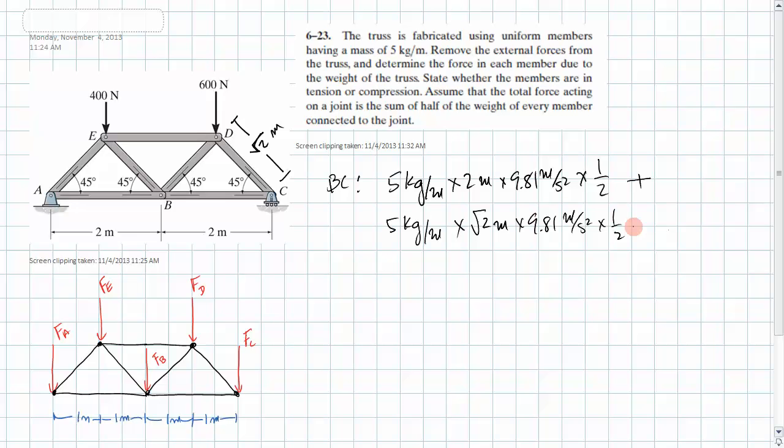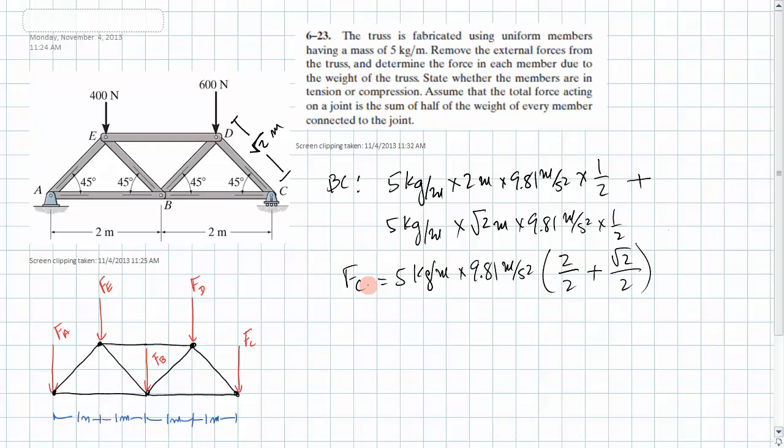So that gives me that this is equal to 5 kilograms per meter times 9.81 meters per second squared times (2 divided by 2 plus square root of 2 divided by 2). So that is FC.